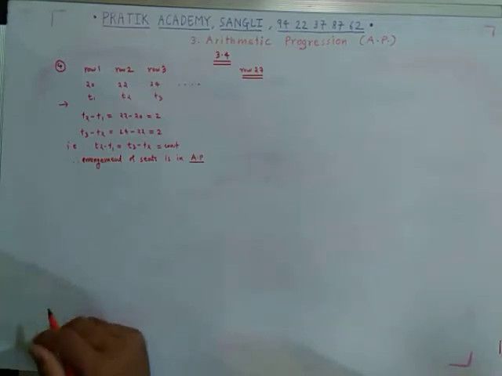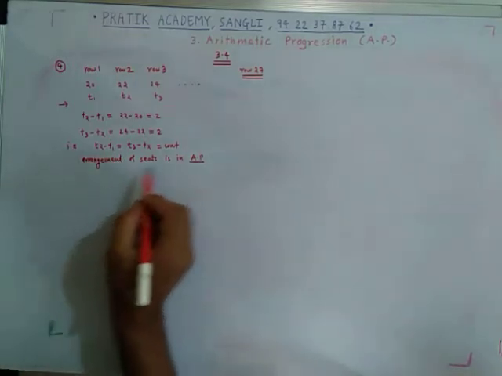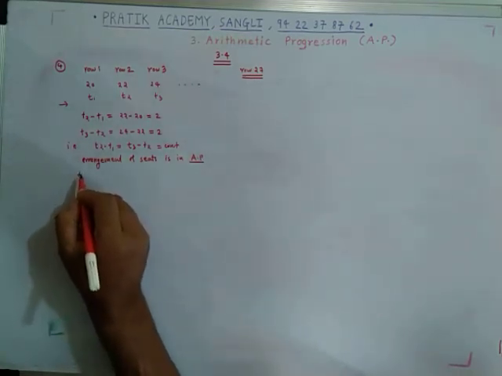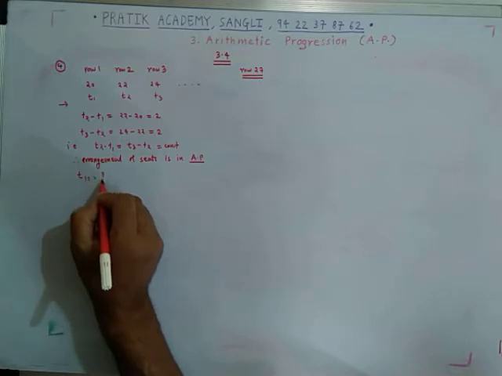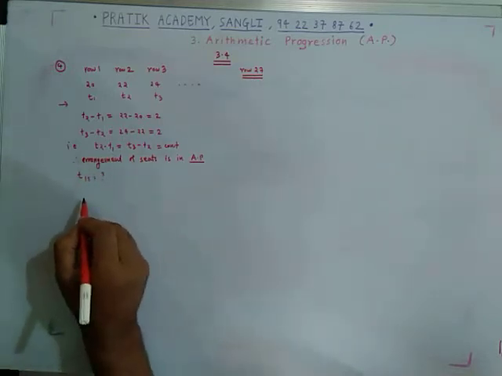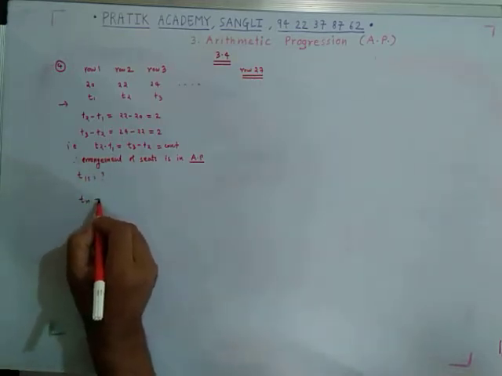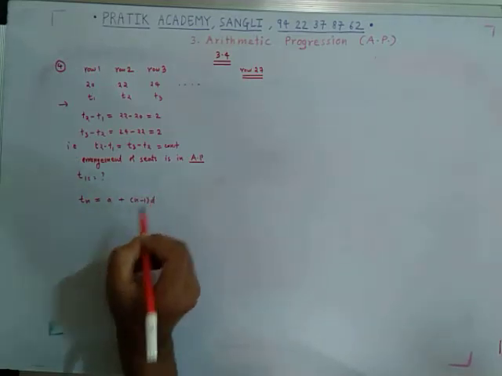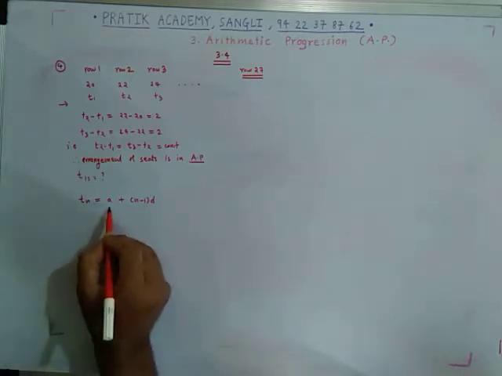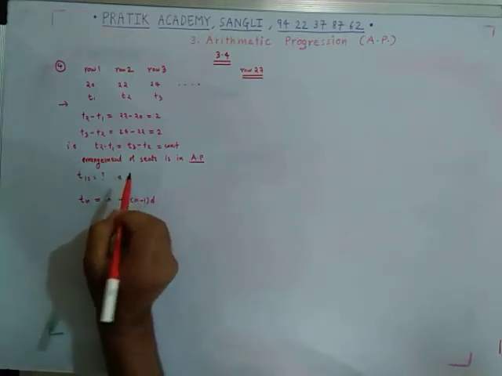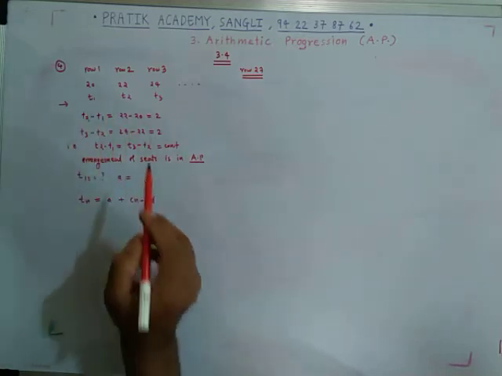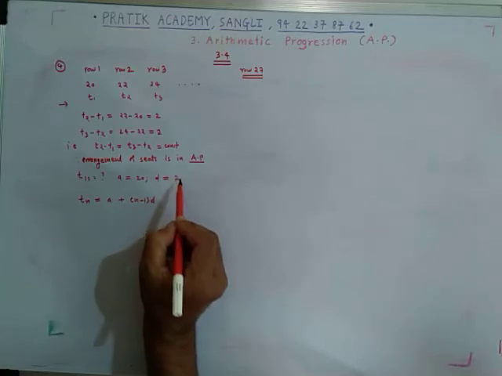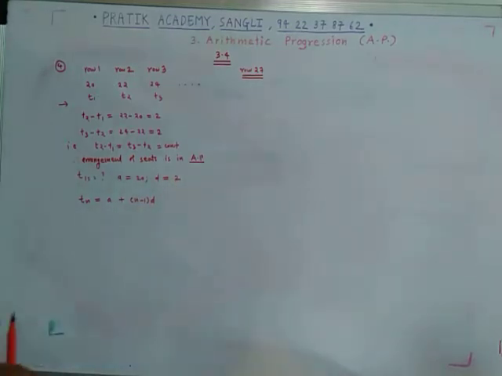Now we have to find the number of seats in the 15th row, so we have to find T15. We have the formula for AP: Tn is equal to a plus n minus 1 into d. What is the value of a here? a is the number of seats in the first row, that is 20. d is the common difference, which is 2.